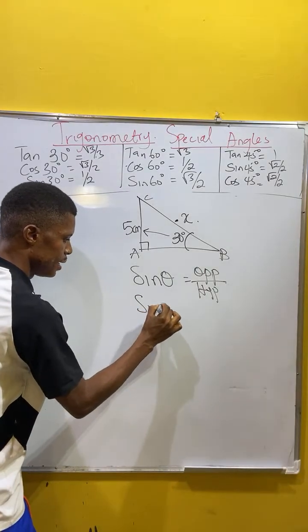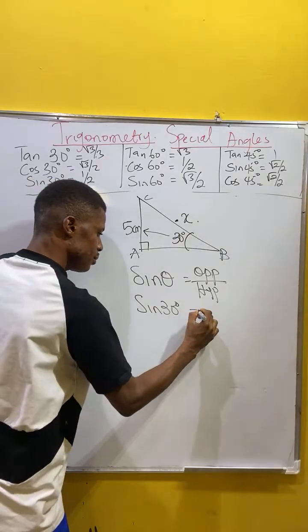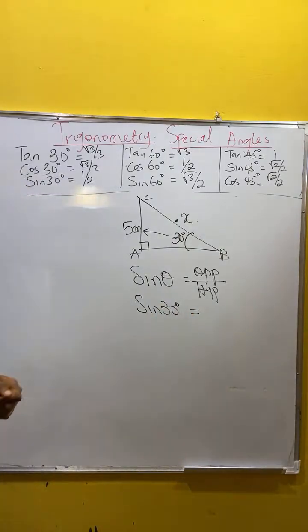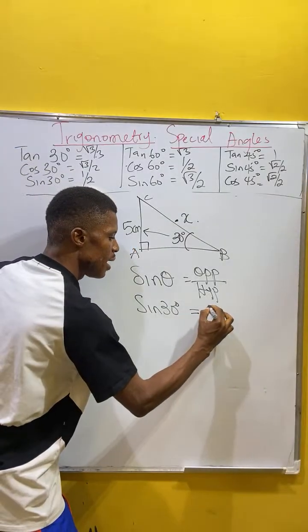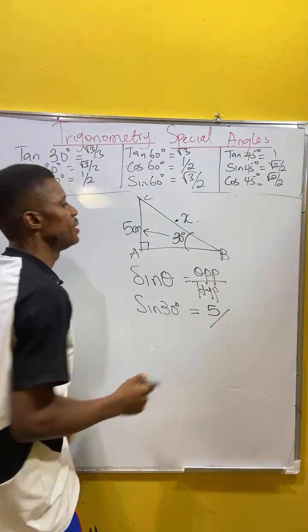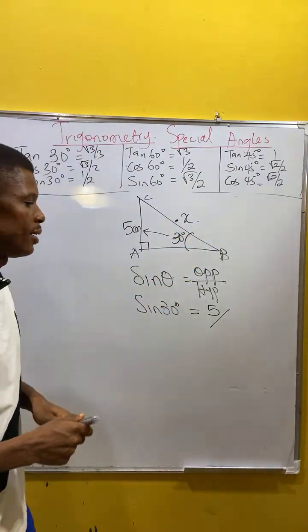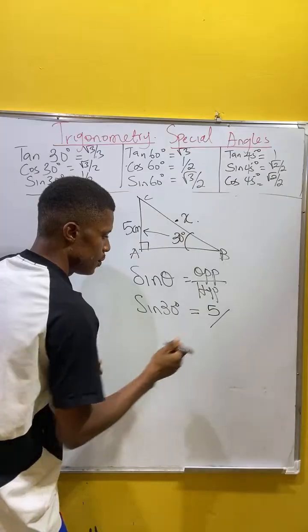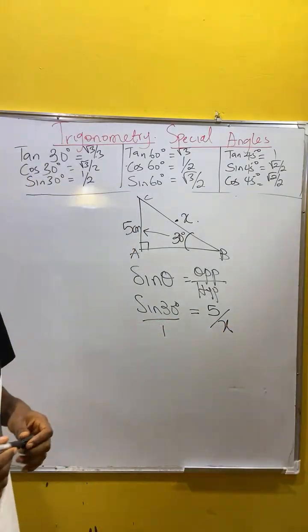We have sine 30 degrees is equal to, what's the opposite? 5. So the opposite is 5. You write it as 5 divided by, then the hypotenuse is what? It is x, sorry, x. So this is like x over 1.